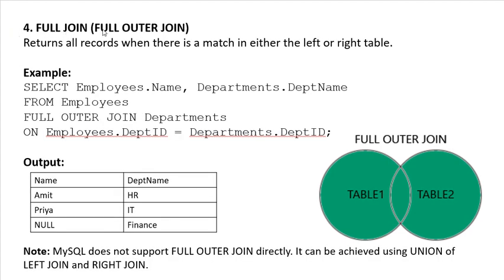Fourth is a full join, a full outer join, which returns all the records when there is a match in either the left or the right table.